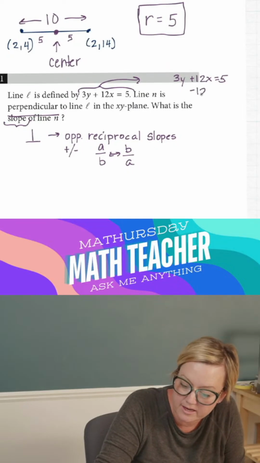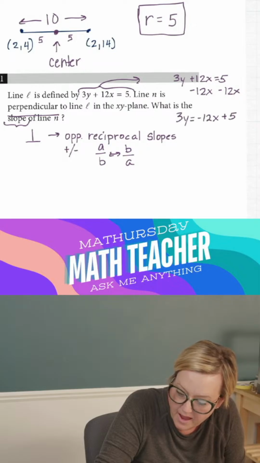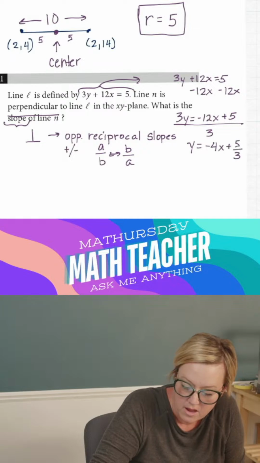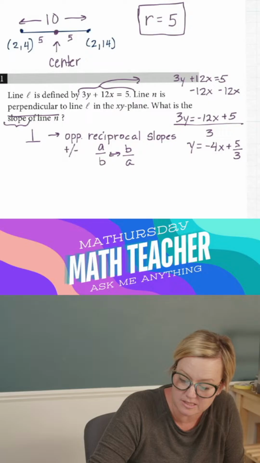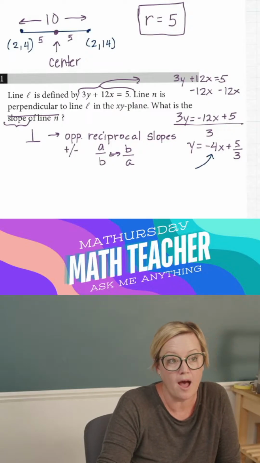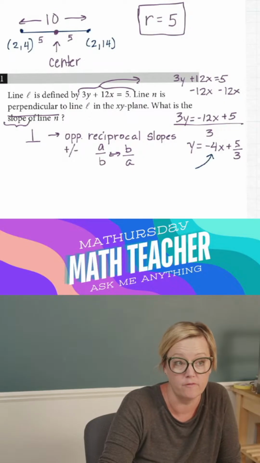So I'm going to subtract 12x from both sides, which gives me 3y equals negative 12x plus 5. Then I'm going to divide everything by 3, which gives me y equals negative 4x plus 5 over 3. So my original slope is negative 4. My opposite would be positive and my reciprocal would be 1/4.